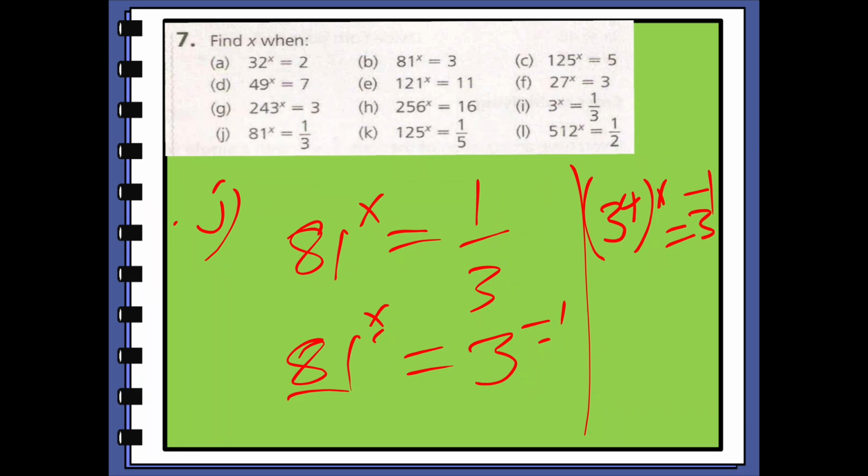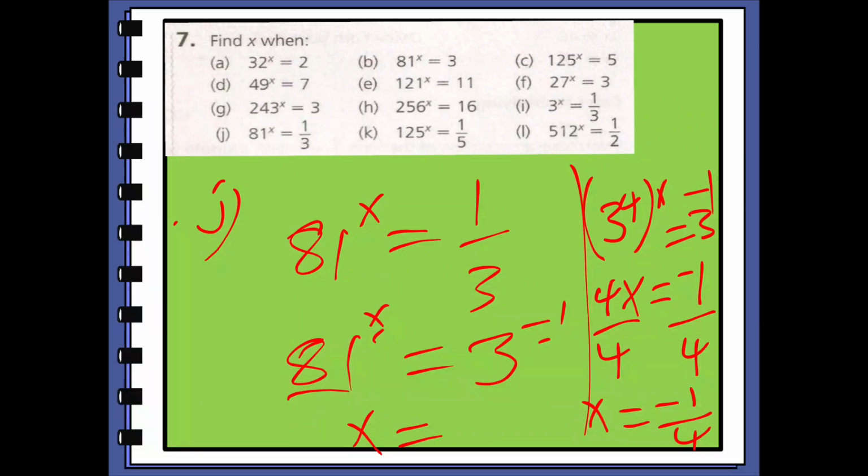So if we pick the powers only, we've got 4 times x, 4x equals -1. Now how do we find x? We divide by 4 on both sides, meaning x equals -1 over 4. So the answer here is x equals -1 over 4.